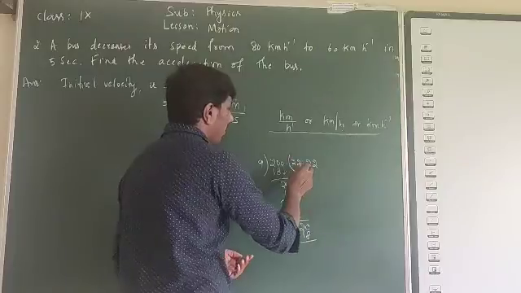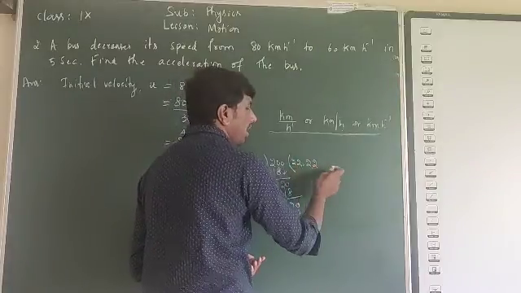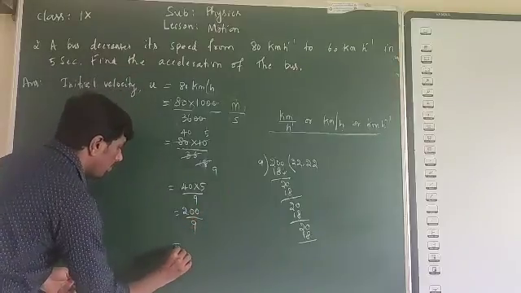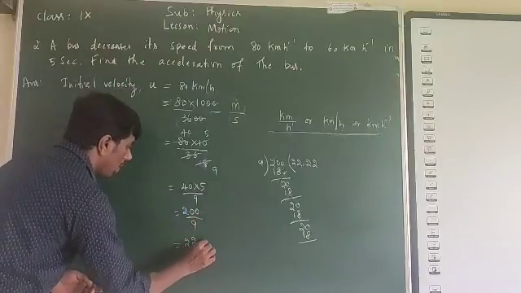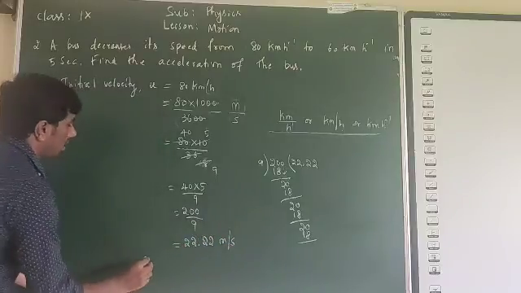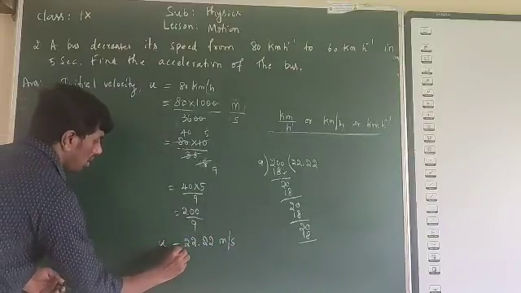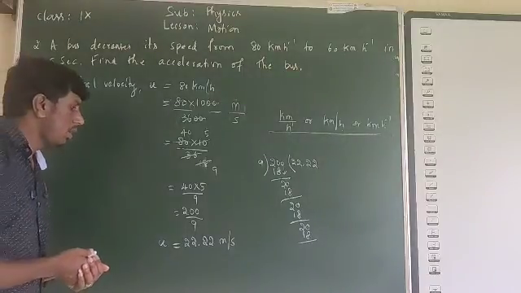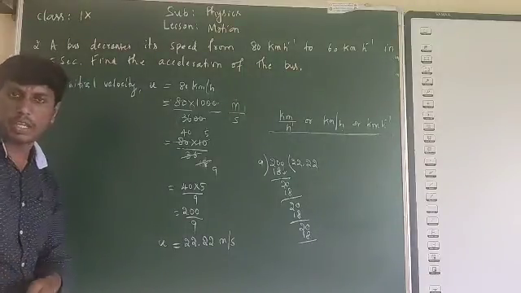So in physics, after the decimal point you can take 2 digits, that is enough. So 22.22 meter per second. So initial velocity u is equal to 22.22 meter per second.